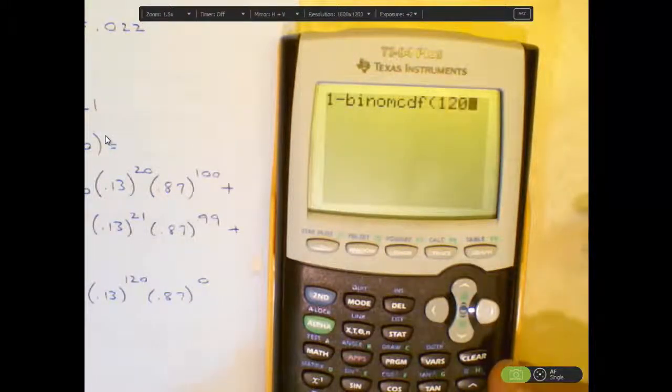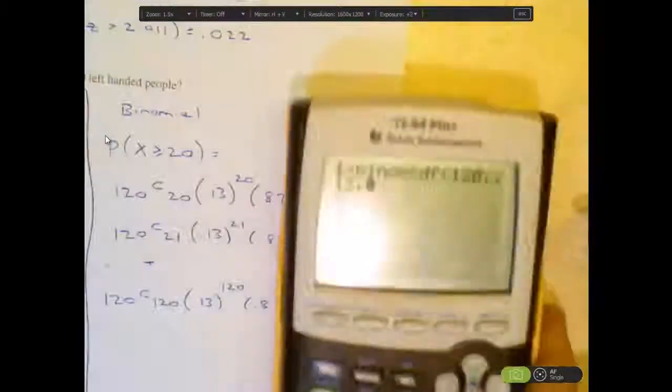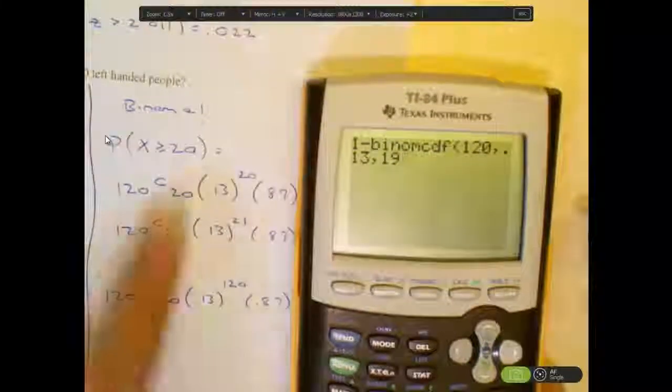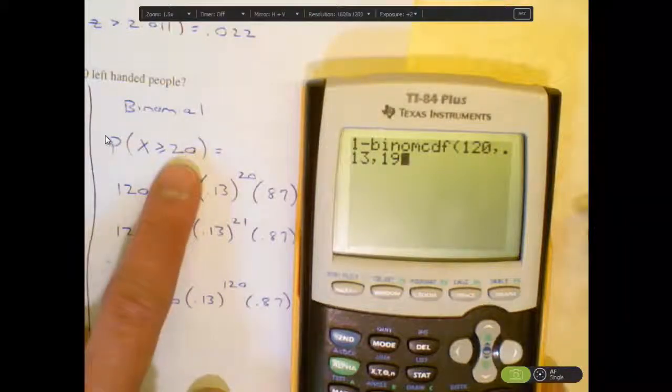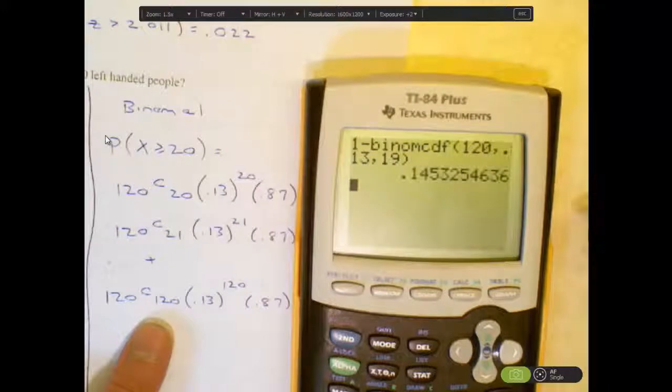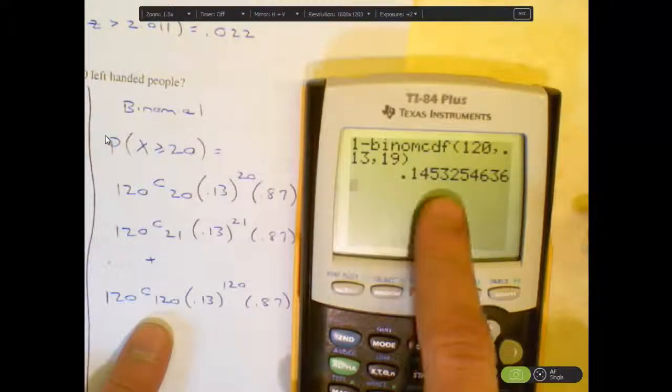Number of trials, 120. Probability of success, 0.13, comma, number of successes. Well, I need to get rid of everything below 20 because I'm starting at 20. So I need this to sum up 0 through 19. Remember, the shortcut is it's 1 less than the starting value. So 0.145.